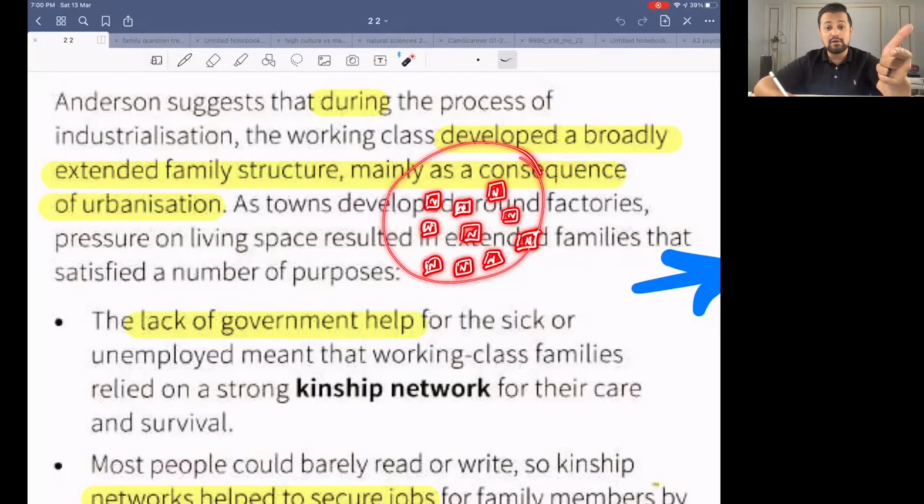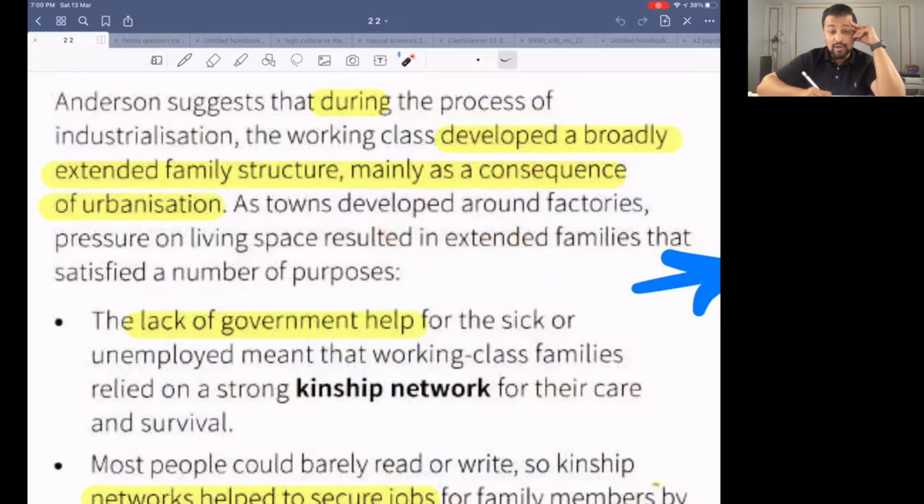Number three, because there are people over there from your community, we're talking about a possibility of nepotism helping you. We're talking about a possibility of people around being there for you whenever you need help from them.